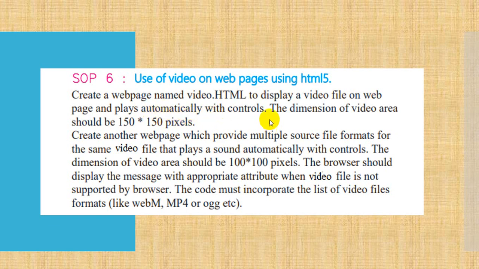Then in the next sentence it is given that the dimension of the video area should be 150 pixels. This is nothing but the width and height of our video frame. We have to take our video frame as 150 pixels by 150 pixels, so the width of the video frame will be 150 and the height will be 150.